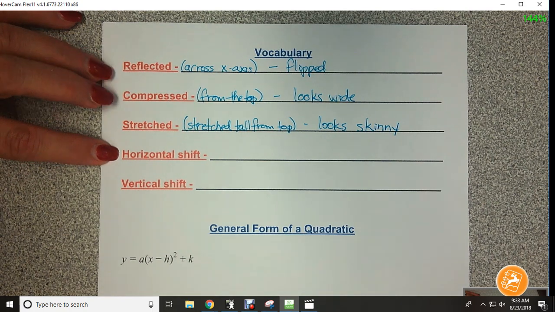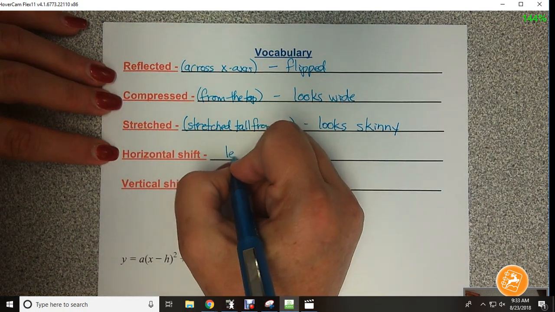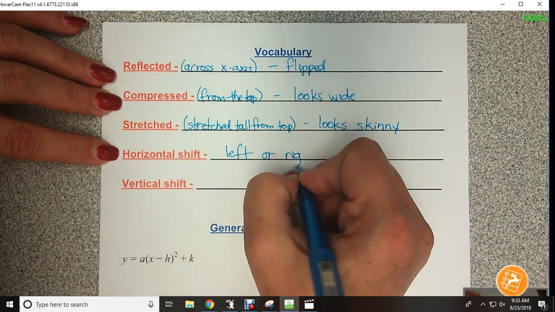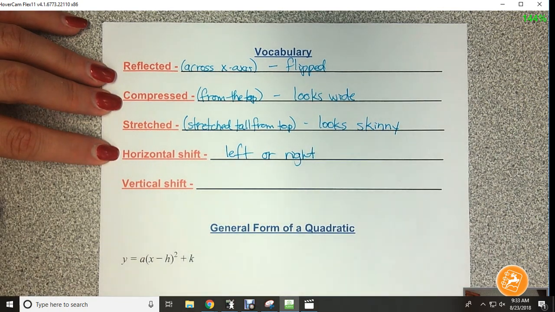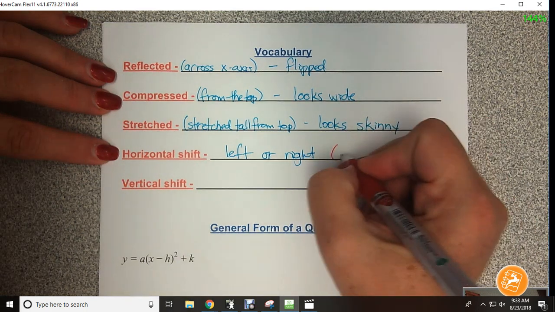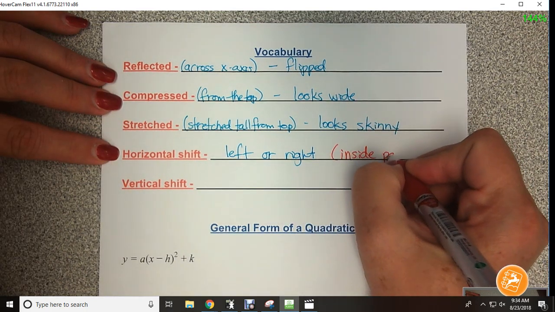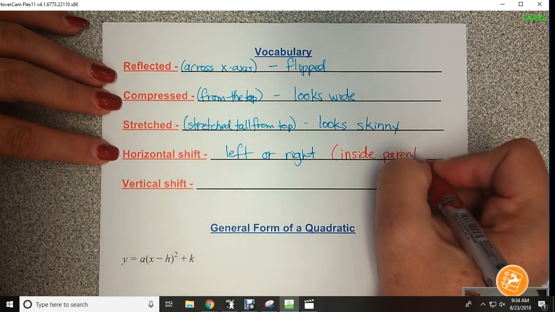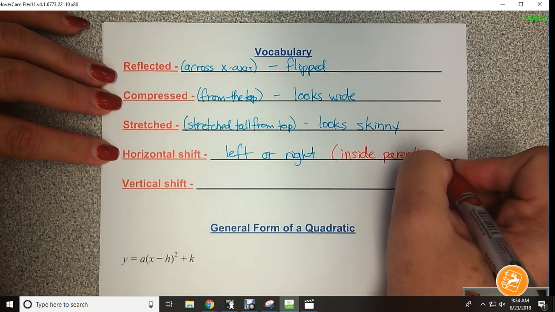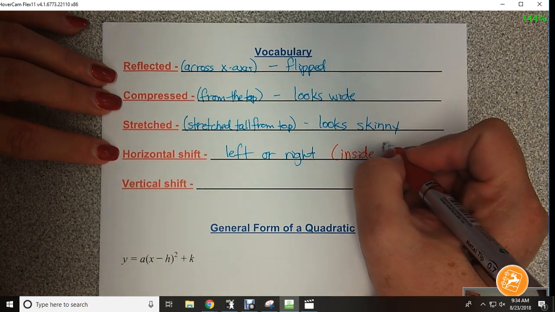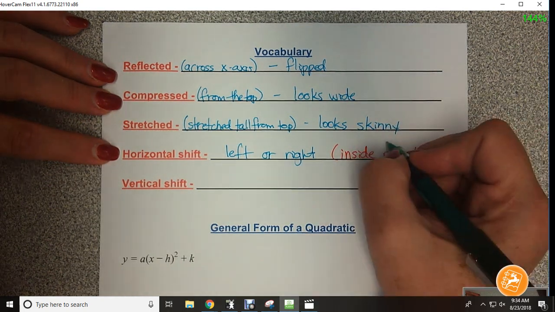Your horizontal shift, that is left or right. And that is when you have something that is inside the parentheses. And what you're going to do is you're going to do the opposite of that sign.